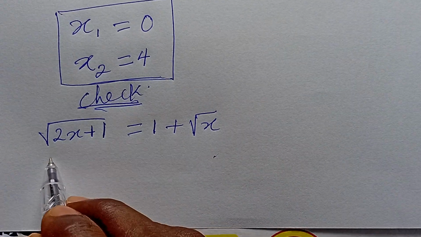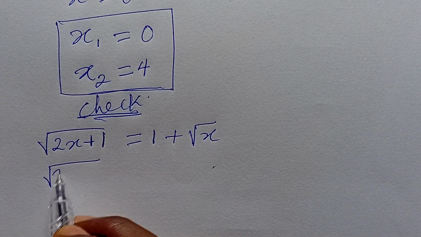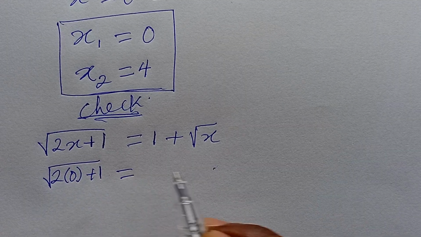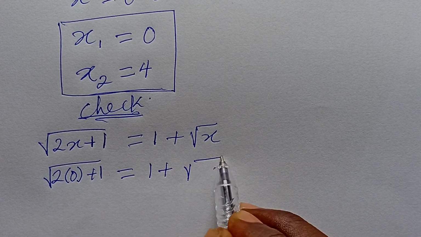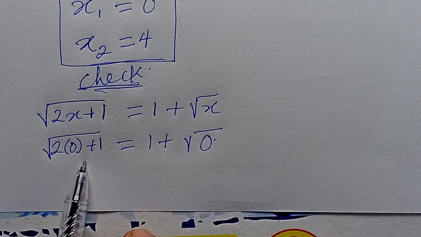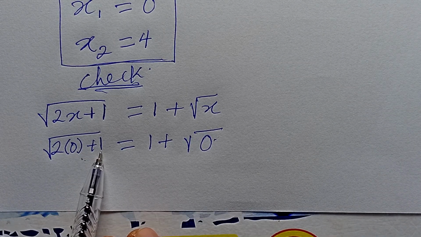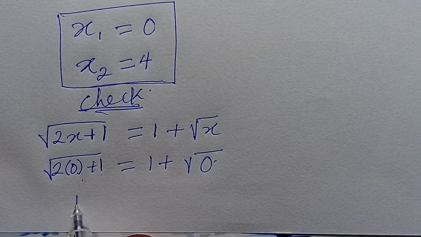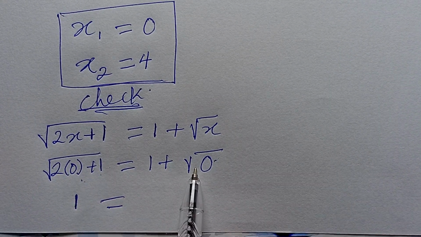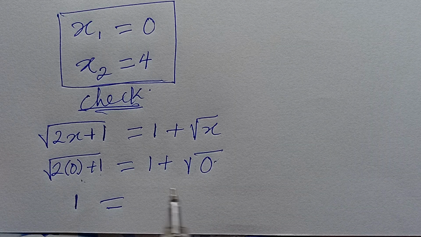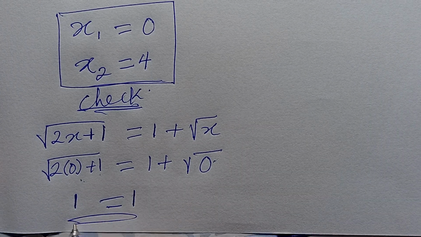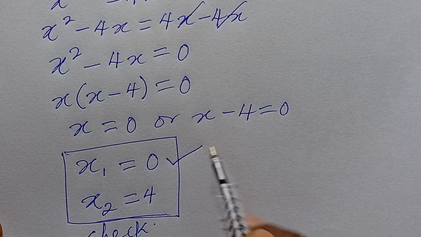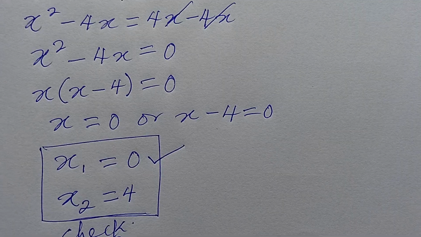So first we're going to give us here the square root of 2 times our 0 plus 1 equal to our 1 plus the square root of 0. 2 times 0 will give us 0, and 0 plus 1 will give us our 1. Square root of 1 will give us 1 equal to square root of 0 will give us 0. 0 plus 1 will give us 1. So it shows that the first root which we solve for, x equal to 0, satisfies the original equation.